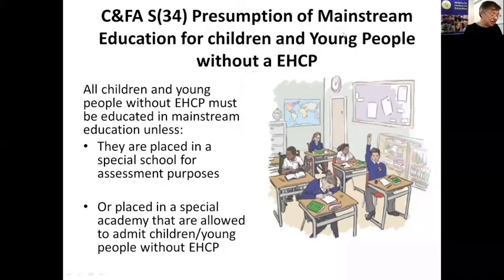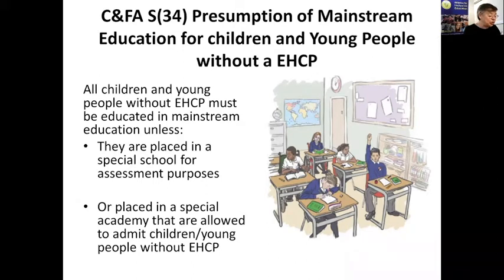Children and Families Act, Section 34, presumption of mainstream education for children and young people without an education healthcare plan. All children and young people without an education healthcare plan must be educated in mainstream education unless they are placed in a special school for assessment purposes or placed in a special academy that is allowed to admit children and young people without education healthcare plans.